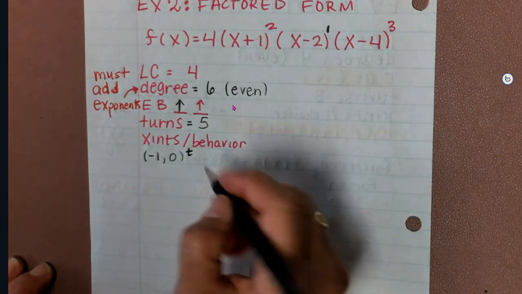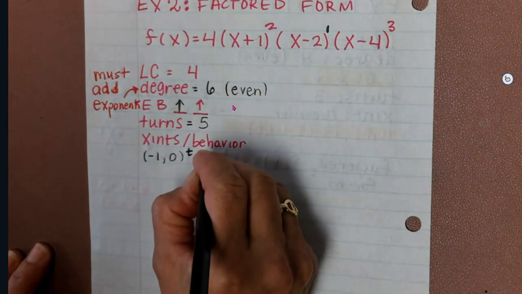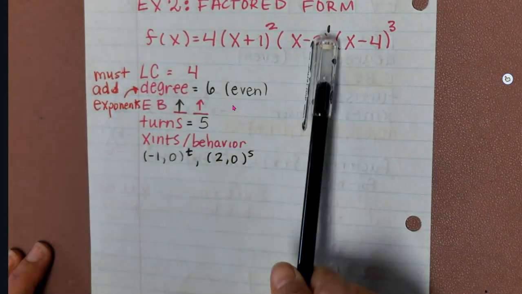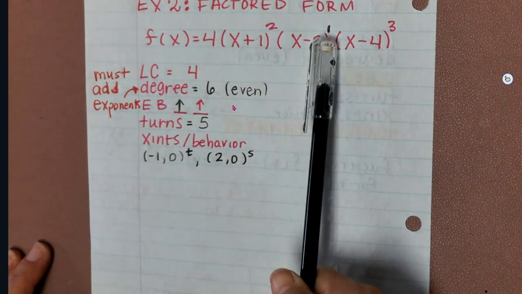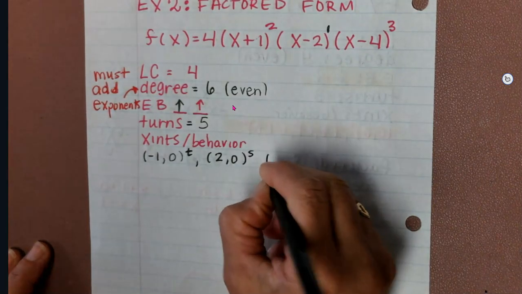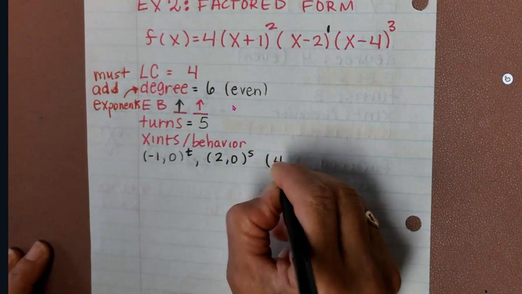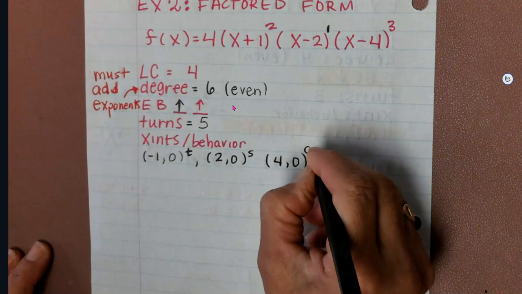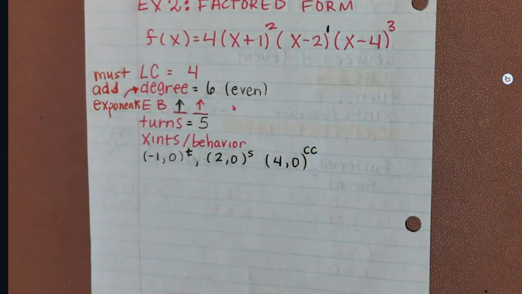My second x-intercept is going to be 2, 0 with straight behavior because it's not really repeated. It just has multiplicity of 1, so straight through. And my last x-intercept is going to be positive 4, 0, and that is going to have a change in concavity because that's repeated an odd amount of times.